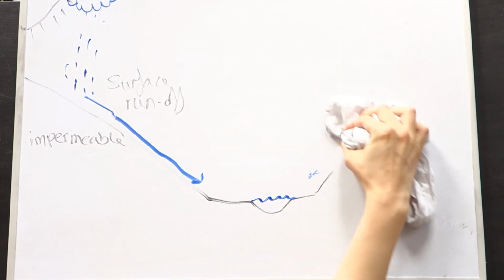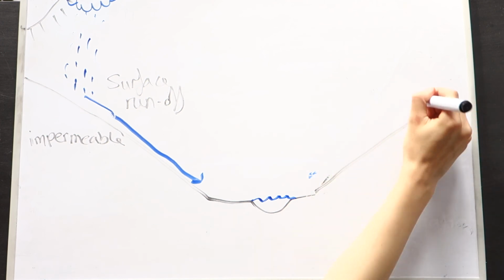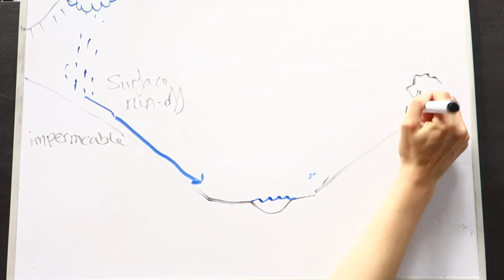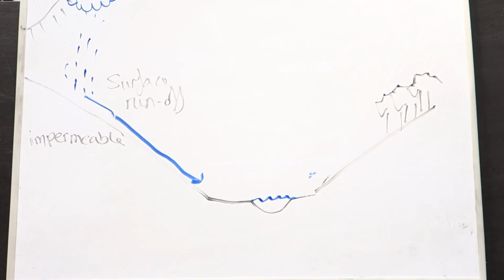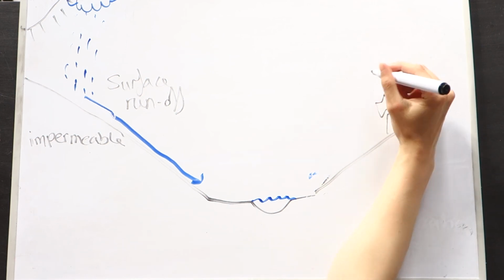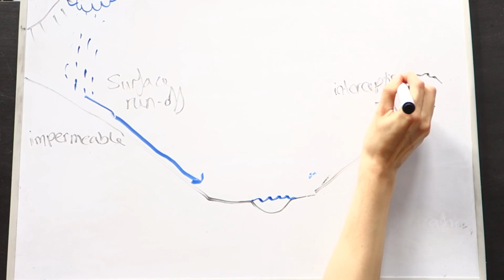Another factor that affects flood risk is the amount of vegetation in the area. If there is an area with lots of vegetation, vegetation means plants, so here I've drawn some trees. That vegetation will intercept the rain. We call that interception.